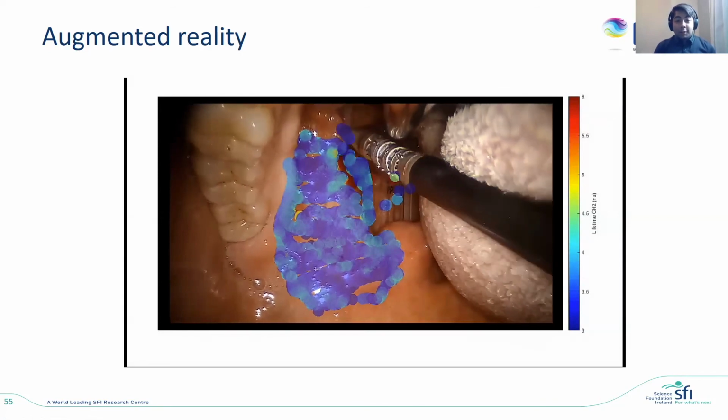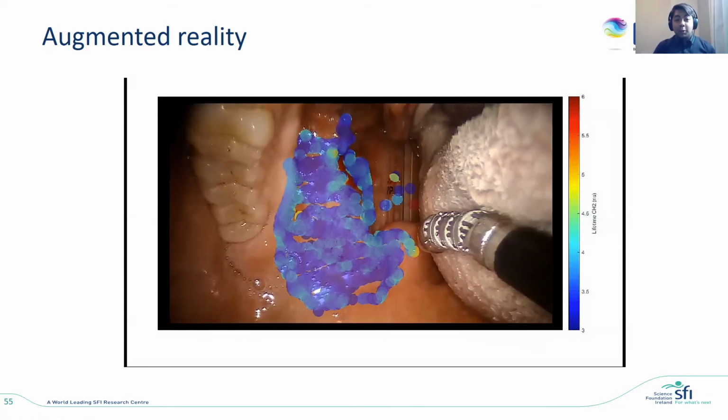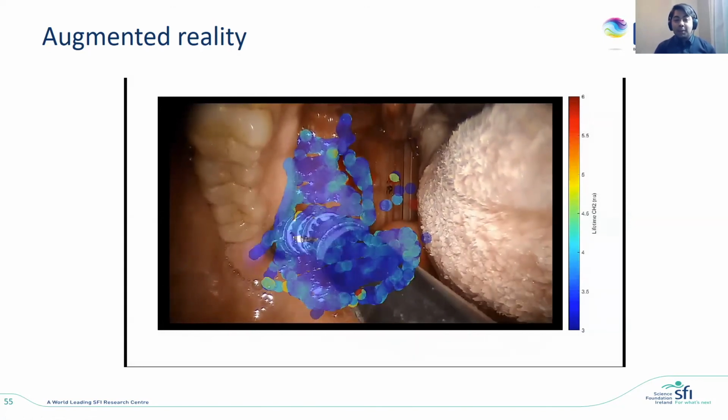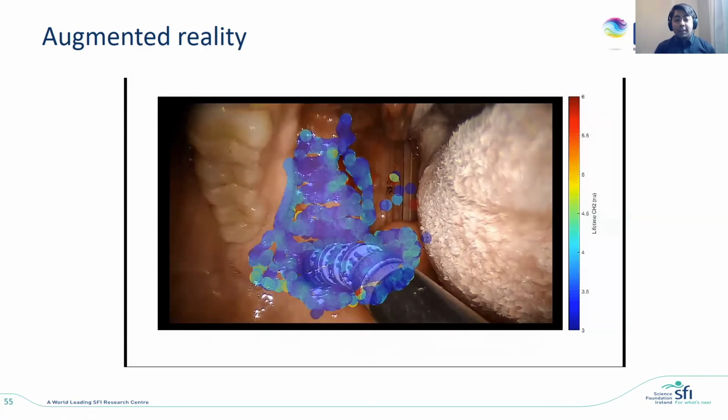The surgeon can just choose an area and look at the biochemical profile of that area. And this is already ongoing. This technology is upcoming, so you might expect this in the next years.